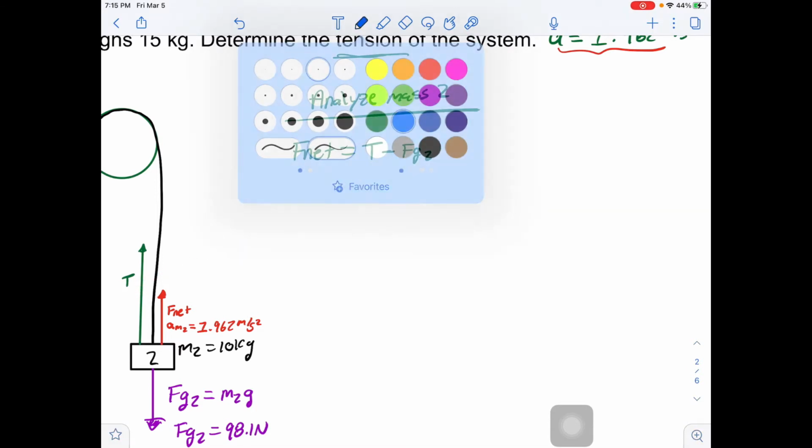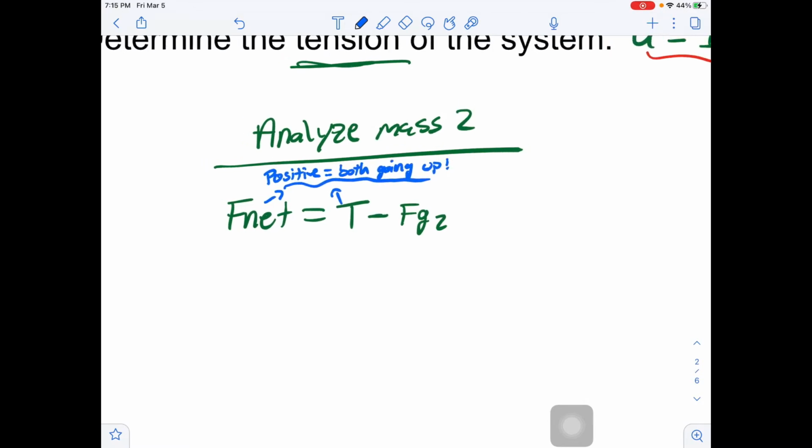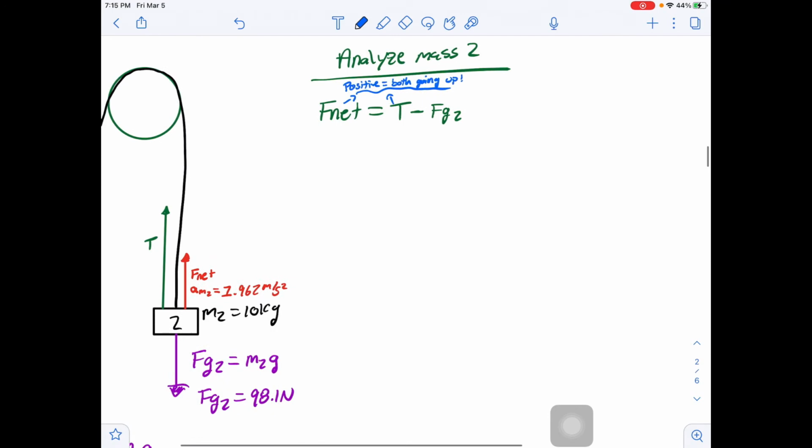So these things are both going up, so they should be positive. Since they're both going up, they're going to be positive together, whereas the force of gravity is going downwards, so it's negative.